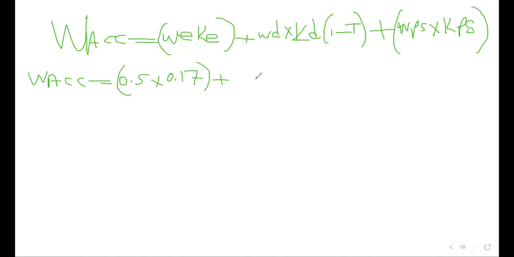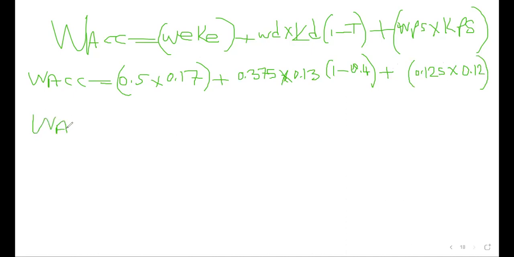Then plus the weight of debt, debentures 0.375, multiplied by cost of debt, 0.13, times 1 minus the tax of 0.4. Then plus the weight of preferred stock, 0.125, multiplied by the cost of preferred stock, 0.12.